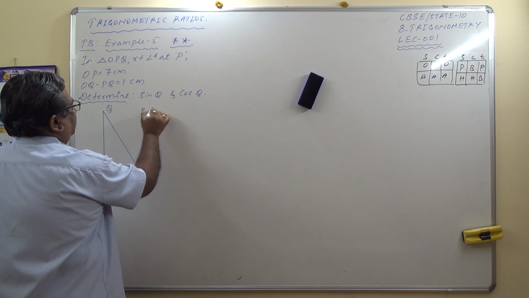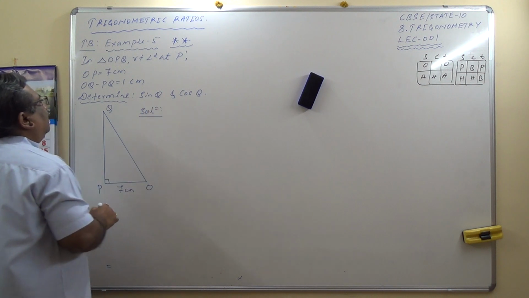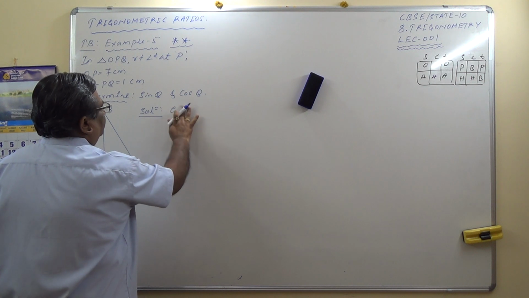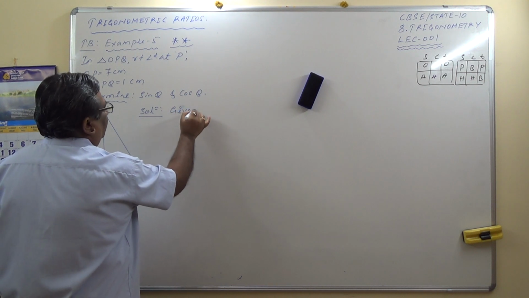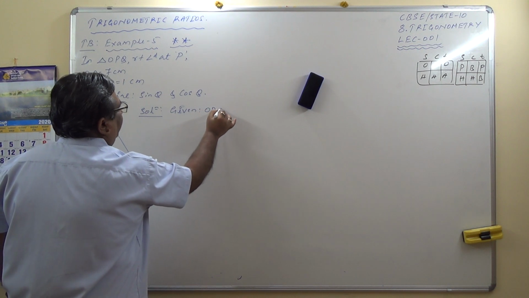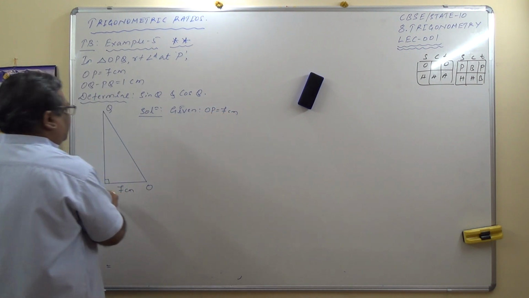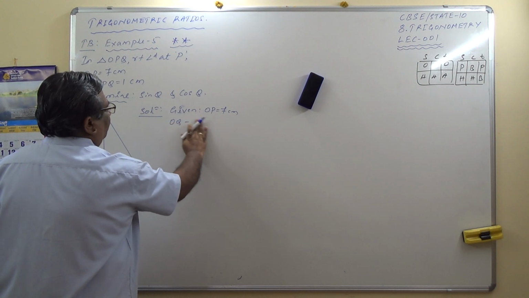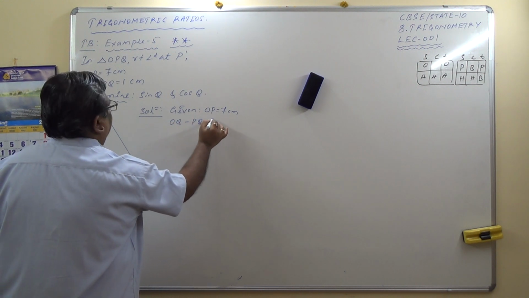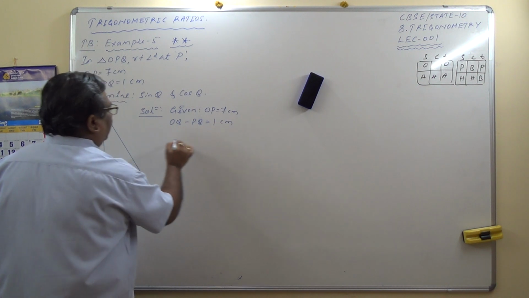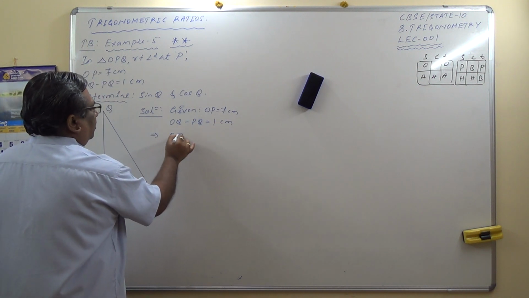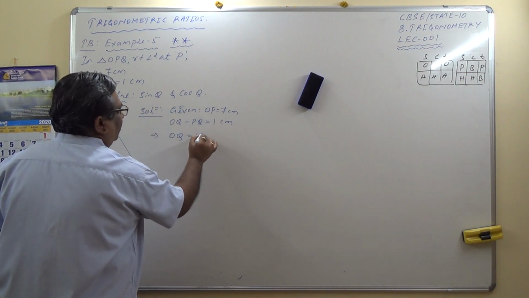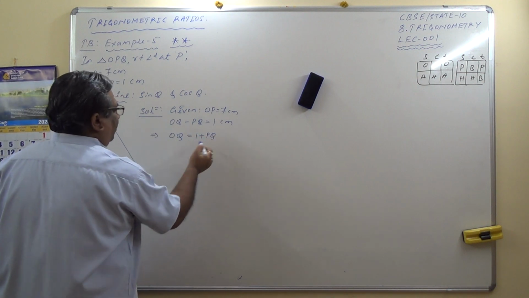Solution. Given OP equals 7 centimeter, and OQ minus PQ equals 1 centimeter, implies OQ equals 1 plus PQ.